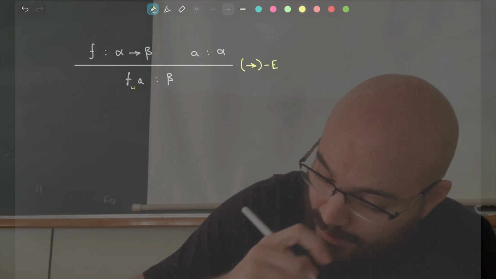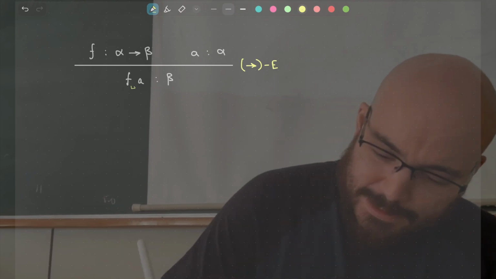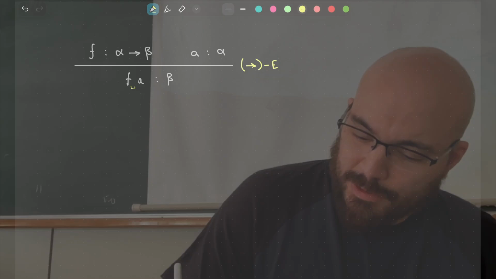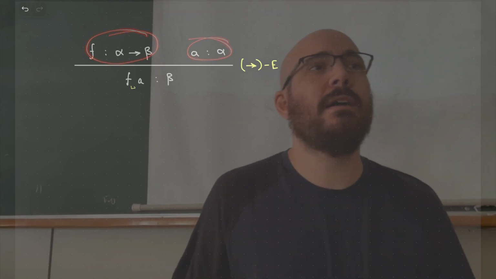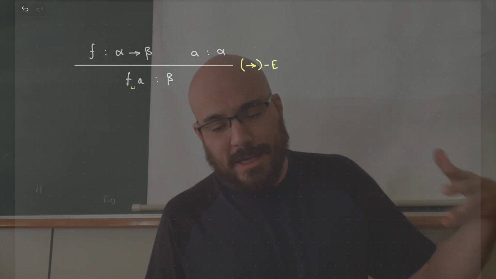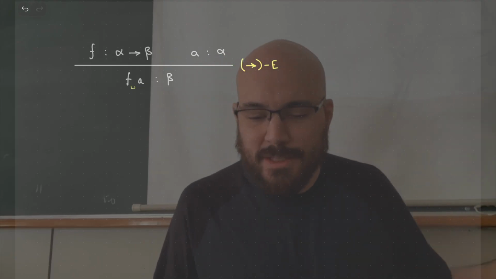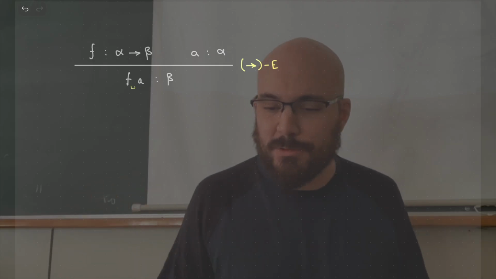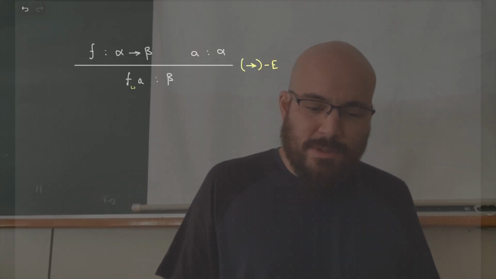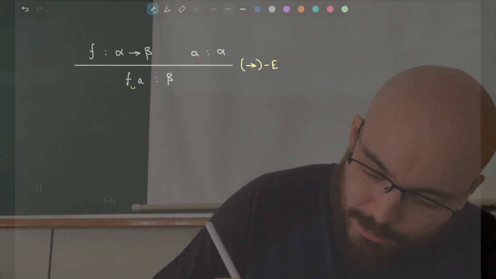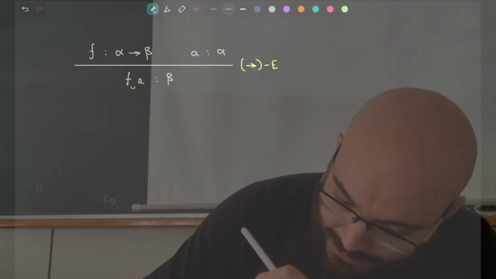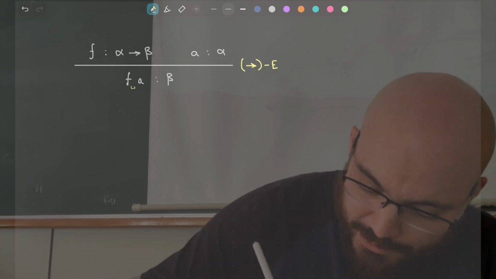And I need to say how we introduce it. This is probably the first time we realize that these judgments I'm writing have some invisible stuff that it doesn't make sense to keep writing every time you use an inference rule. You only write them when you need them, and this is the first time I will need it. The idea is that I want to be able to create functions.